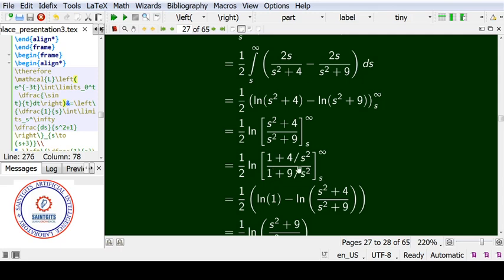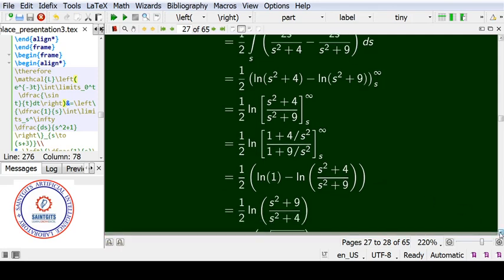Then we simply take the cross multiplied form. So s square plus 4 by s square divided by s square plus 9 by s square, so s square plus 4 by s square plus 9. Now we put log 1 equal to 0, and we get minus of logarithm. Minus of logarithm is logarithm of 1 by, so we get the reciprocal of the argument. Half ln of s square plus 9 by s square plus 4.